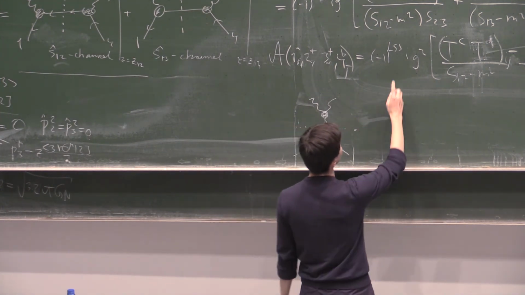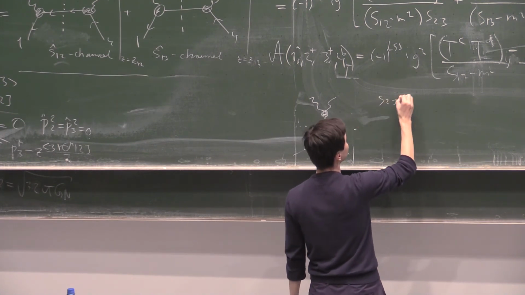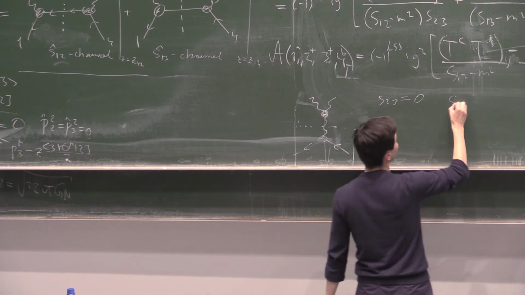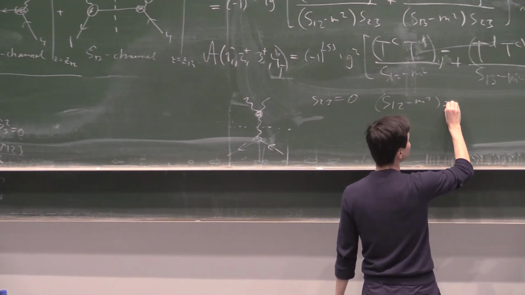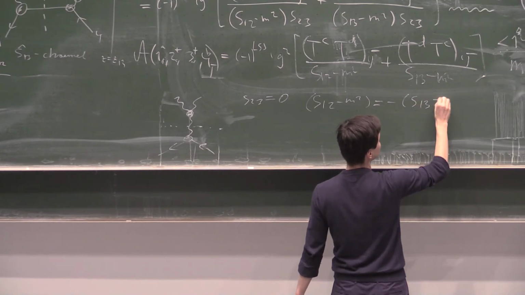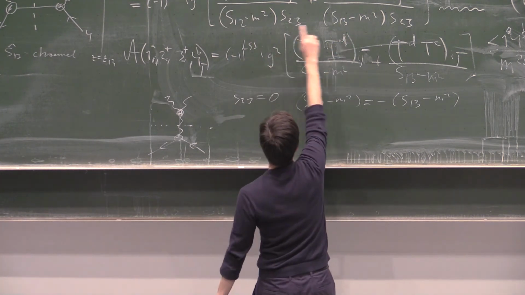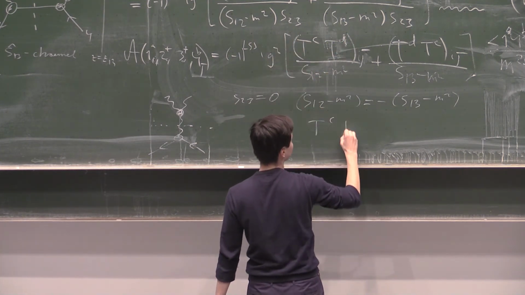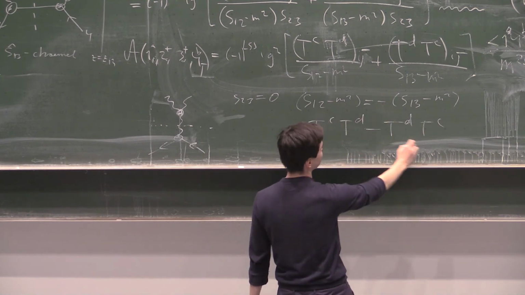But you can see that it's fine. On this pole, when S23 goes to 0, S12 minus m squared is equal to S1 minus S13 minus m squared. So these two terms combined with each other into a commutator because of the sign.